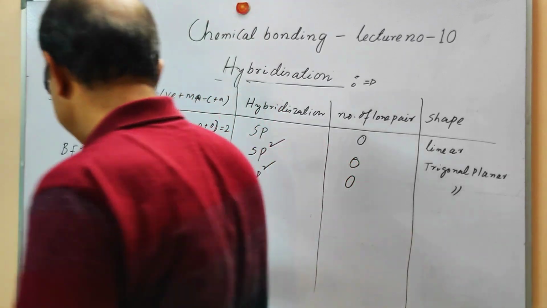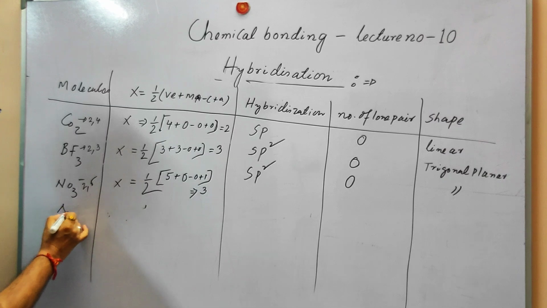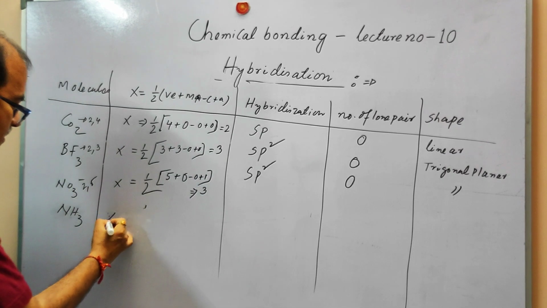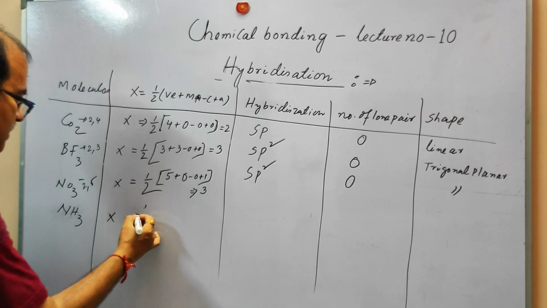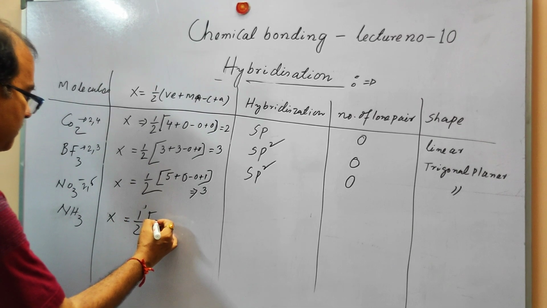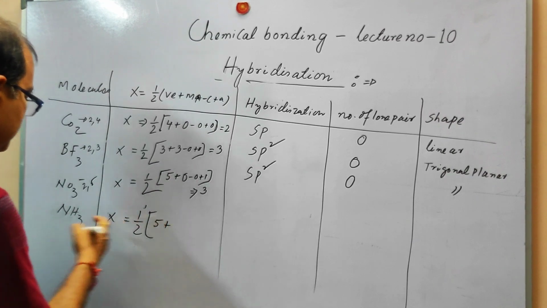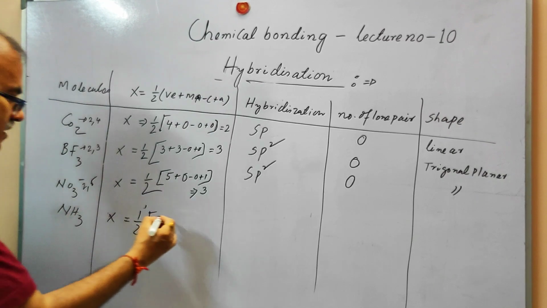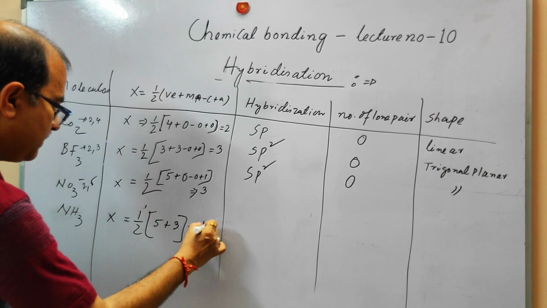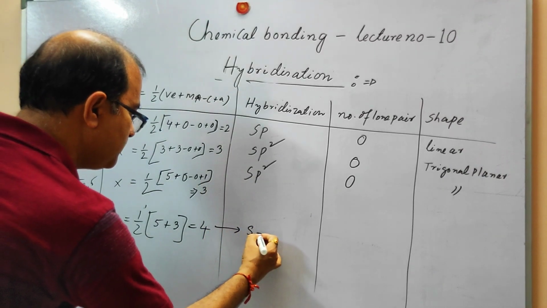Now we are taking another example, suppose NH3. Let us understand X. Valence shell electrons for nitrogen are 5, plus H means 3, so X equals 4, which means sp3 hybridization.